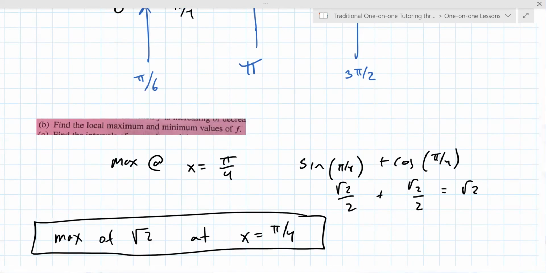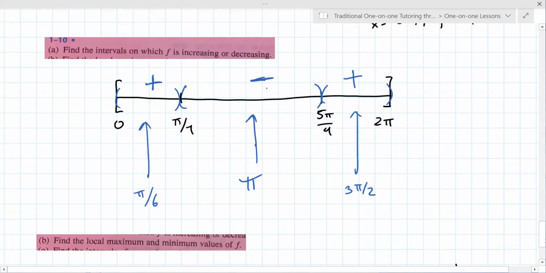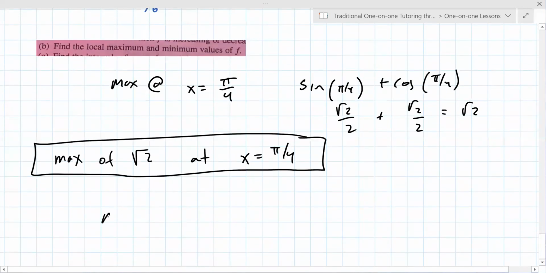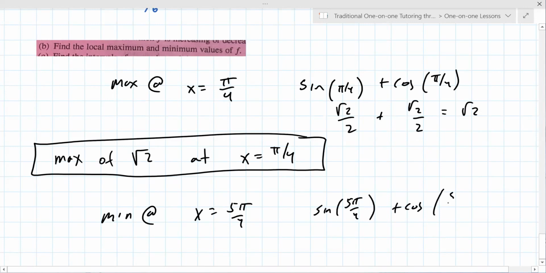So, how about the other one? Let's go back to the other one. What's going on here? Well, it's going from negative, which means it's decreasing, to positive, increasing. So it's a min. It's a min at 5 pi over 4. So we got to evaluate sine 5 pi over 4 plus cosine 5 pi over 4.